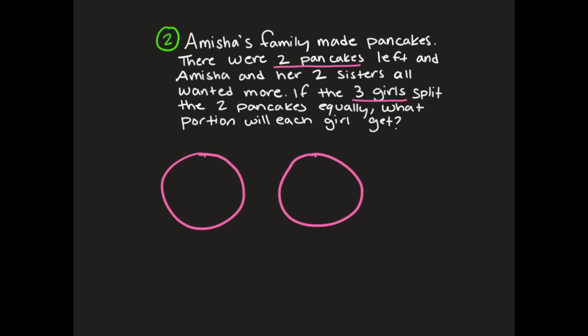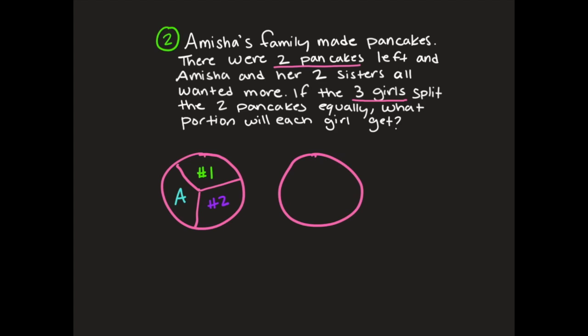So now I need to see, okay, I need to split them and see how much each girl is going to get. So there's 3 girls. So I'm going to look at pancake number 1, and I'm just going to split this into 3 pieces. So here's Amisha, and then here's sister number 1, and then sister number 2.